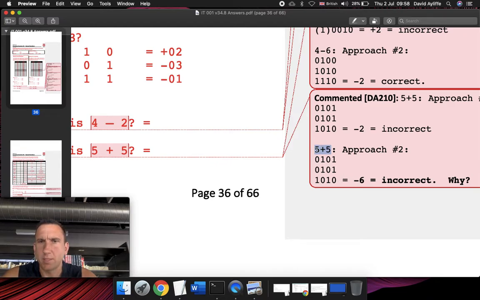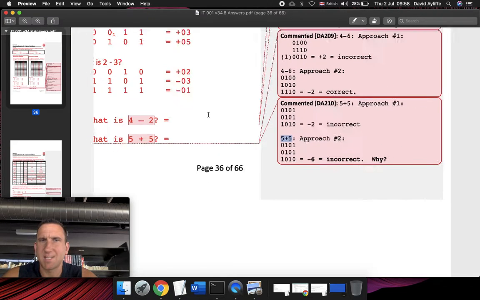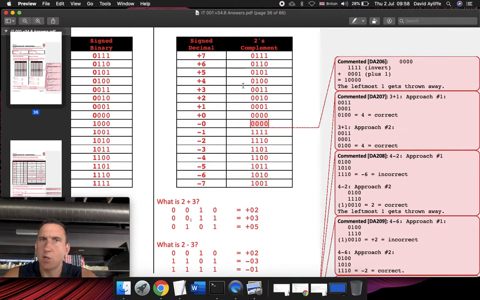Well, the problem is that 5 plus 5 is 10. And with just 4 bits, we can't show 10. Because we've only got 2 to the power 4, we've only got these 16 values to play with.